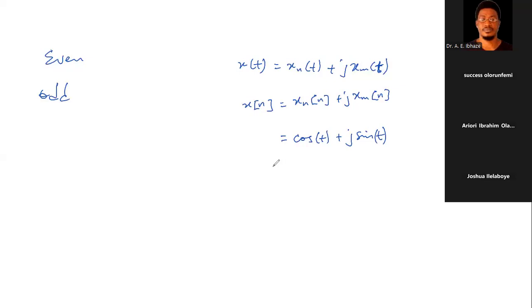Now, if we say cos minus t will be the same as cos t, right? Sine minus t will be the same as minus sine t. Do you recall that also? Yes, sir. Which makes cos t an even signal and sine t an odd signal. Okay?